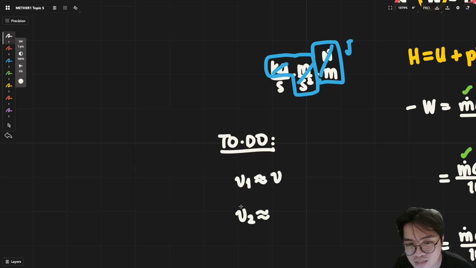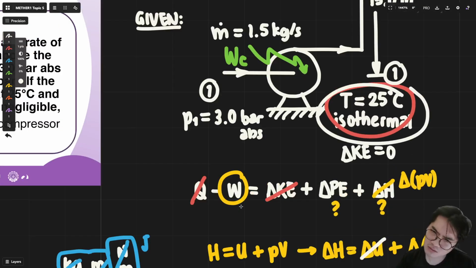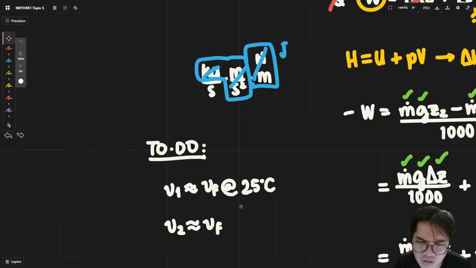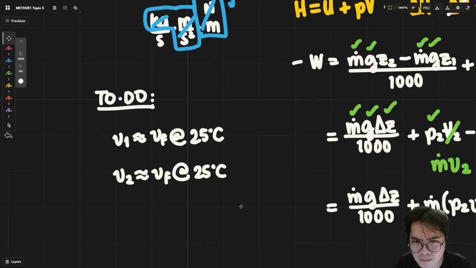Your V1 is equal to your VF, right, at the same temperature, which is 25. But wait a second, we just said that the temperature remains constant at 25. Therefore, your V2 is also the same thing at 25 degrees Celsius.